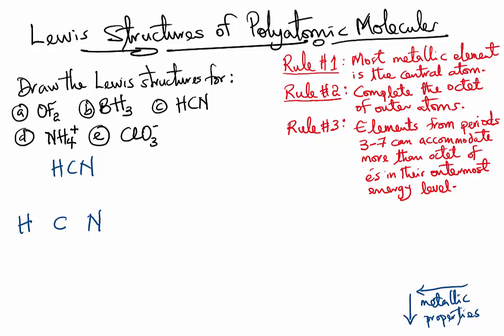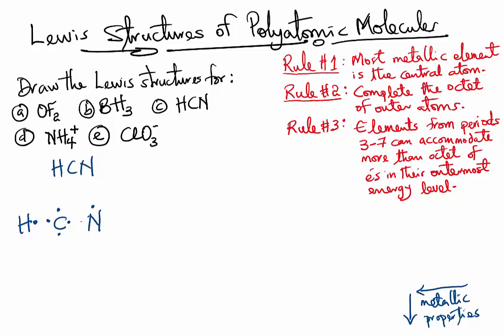Let us now represent the valence of each atom. Hydrogen is from group 1A. It will have only 1 valence electron. Carbon is from group 4A. It will have 4 valence electrons. Nitrogen is from group 5A.